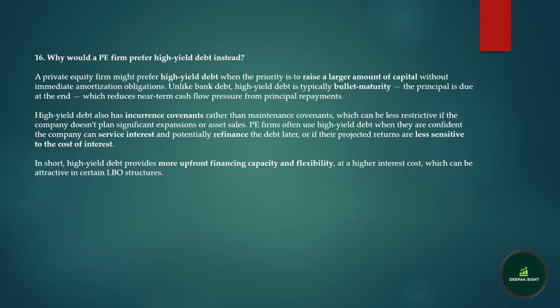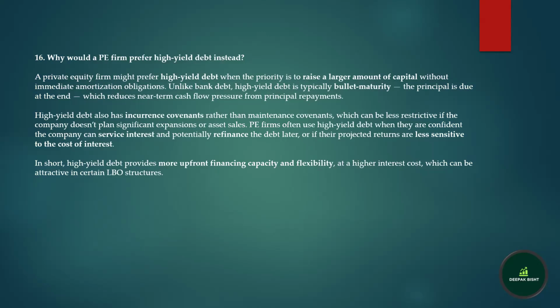In the previous question 15, we were discussing why bank debt would be preferred over high yield debt, and in this question, we are talking in favor of high yield debt. From the perspective of potential for refinancing, this could be one reason a private equity firm might opt for high yield debt: if they plan to refinance the debt at some point, either through the high yield market again or through a sale of the company.